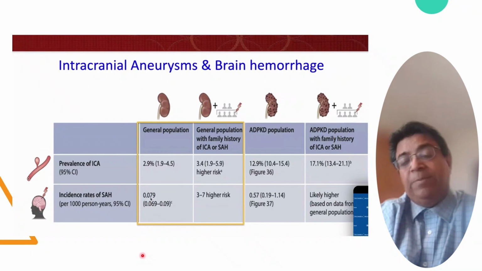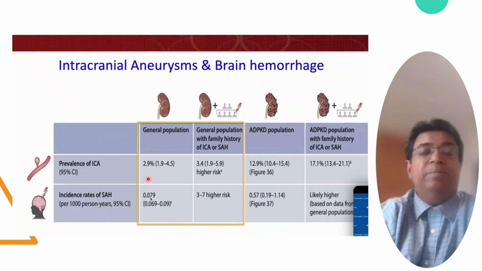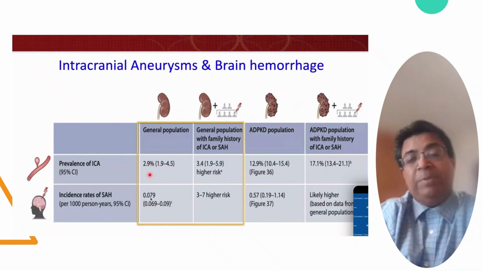Intracranial aneurysms and brain hemorrhage are important. In the general population, the prevalence of an intracranial aneurysm is 2.9%. And if they have a family history of an intracranial aneurysm or subarachnoid hemorrhage, it's a little bit higher, 3.4%. In ADPKD the percent is much higher, 12.9%. And if they have a family history of intracranial aneurysm or subarachnoid hemorrhage, it rises to a whopping 17.1%.